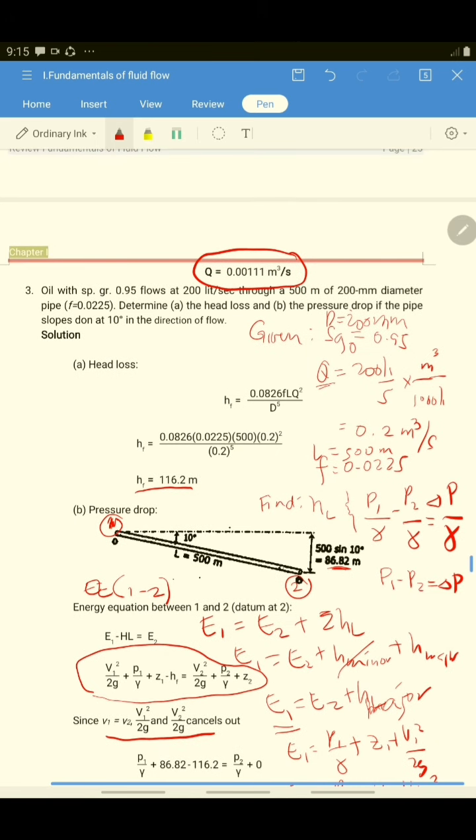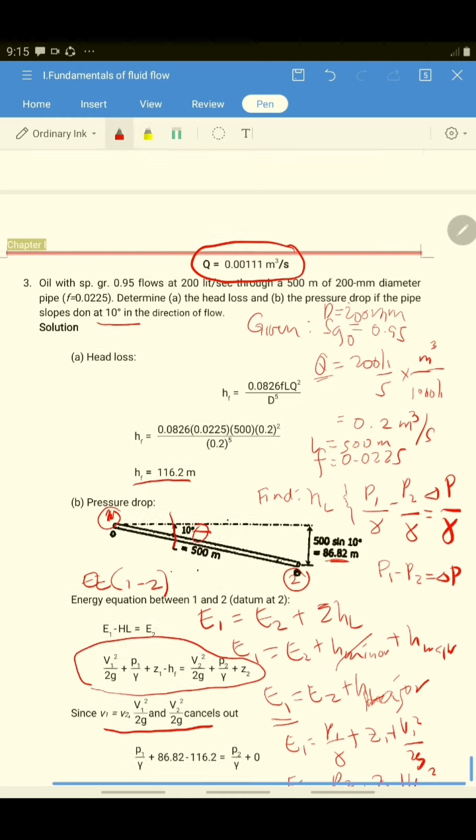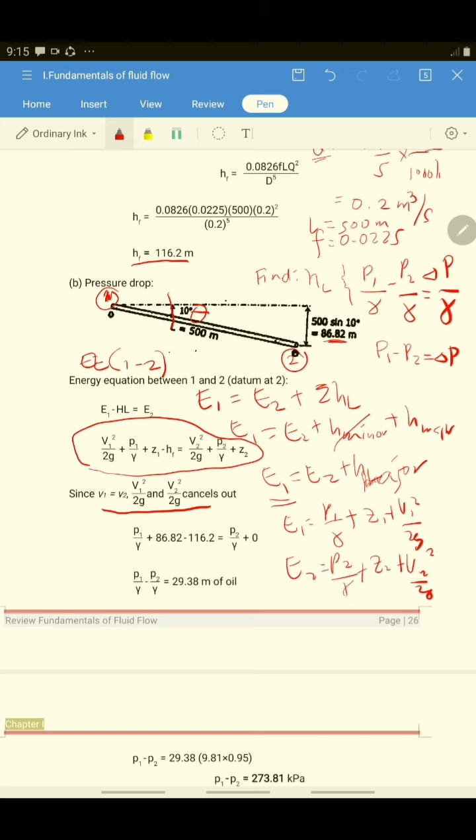86.82. It is given that the pressure drop is 10 degrees in the direction of flow. So the angle is given. That's why the difference of the total energy between section 1 and section 2 is equal to head loss.